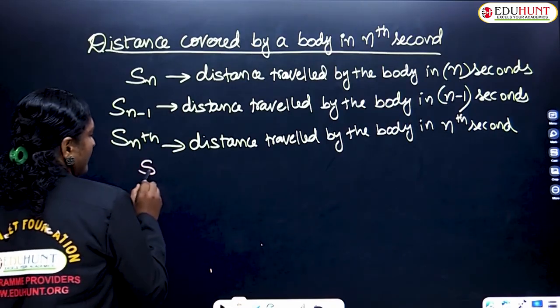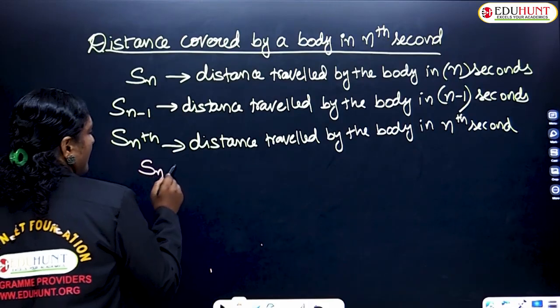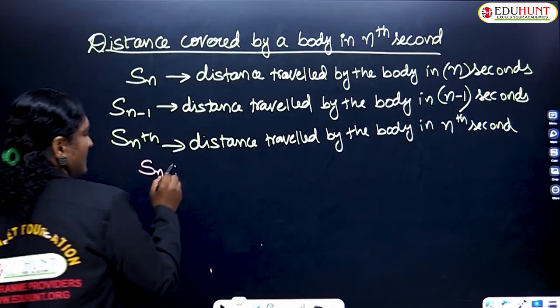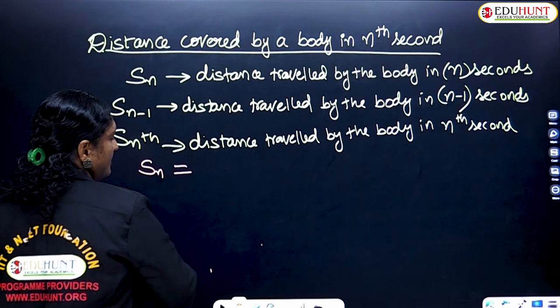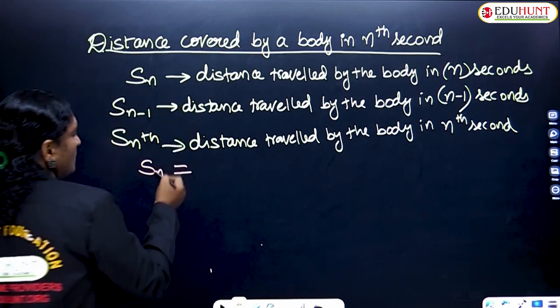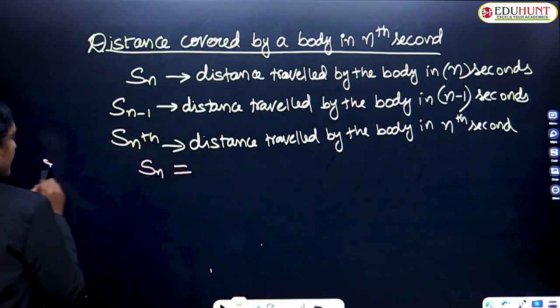So clearly the distance traveled in n seconds is given as Sn, just a notation, in n seconds.